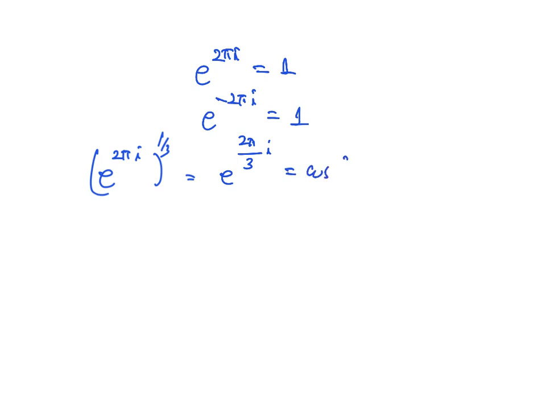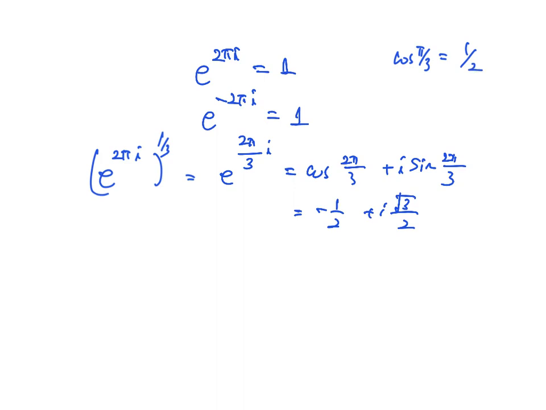That is cosine 2 pi over 3 plus i sine 2 pi over 3. So that is minus 1/2 plus i square root of 3 over 2.